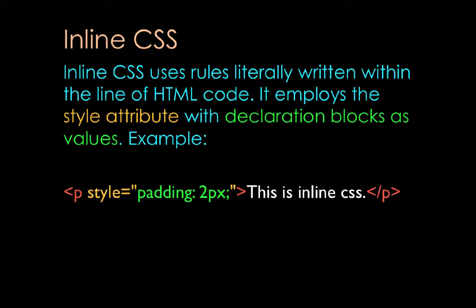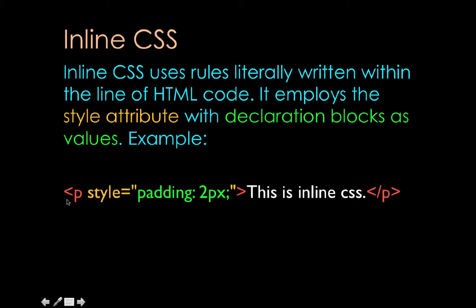So here's an example of the way that CSS looks when it's inline. Remember, embedded used a style tag, right? Well, inline uses a style attribute. So you would make an attribute called style for some other tag.